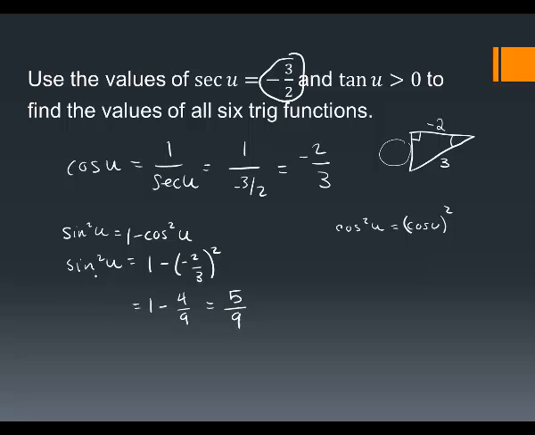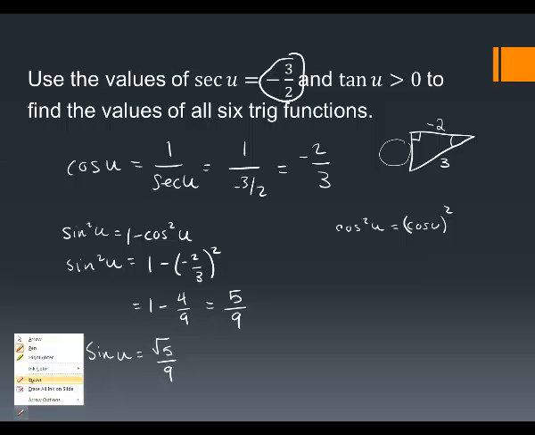Now this equals sine squared, so to figure out what sine is, we square root it. So sine u equals the square root of 5 over 9. Oh, sorry, square root 5 over 3. I just square rooted the top and the bottom if you're paying attention. Now it says right here that this is going to be a negative number. When we square root something, we take plus or minus, so we're taking the minus of that.